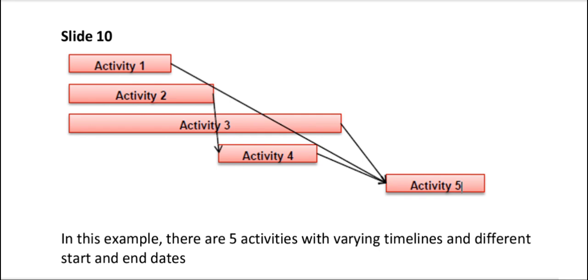The prerequisite for activity 4 is activity 2, as activity 2 needs to end before activity 4 can begin. Prerequisite means that an activity should end first before the other activity can begin. The prerequisites for activity 5 are activities 1, 3, and 4. Note how all 3 activities need to end before activity 5 can begin.